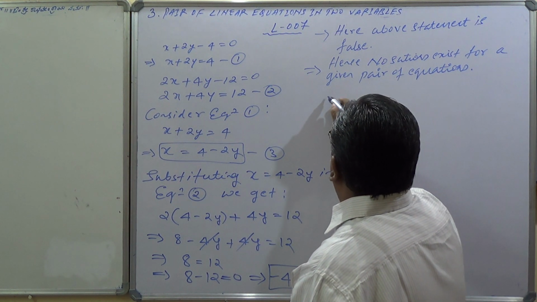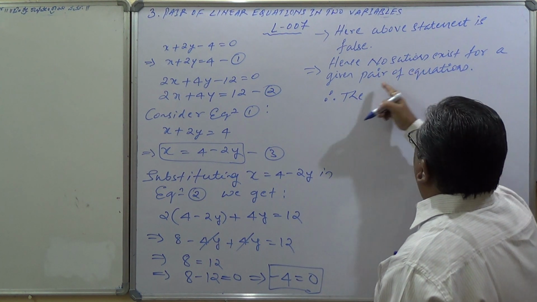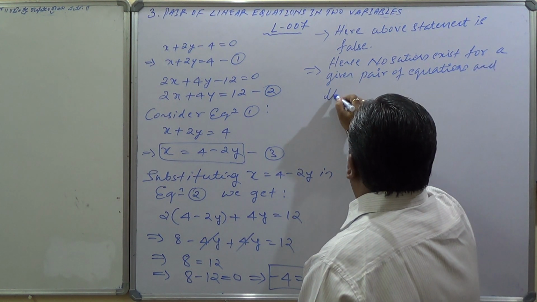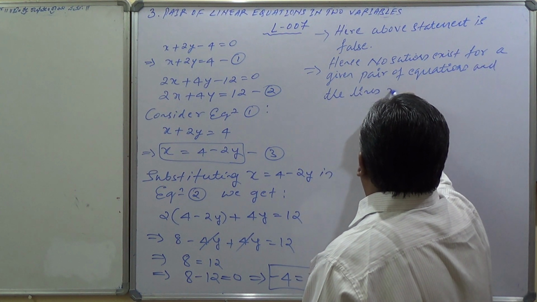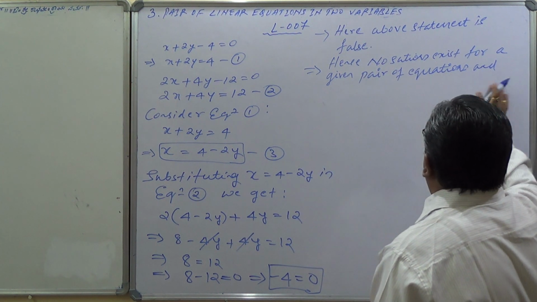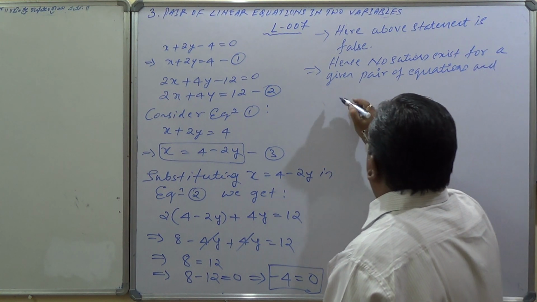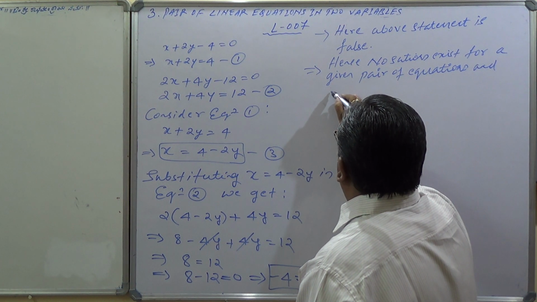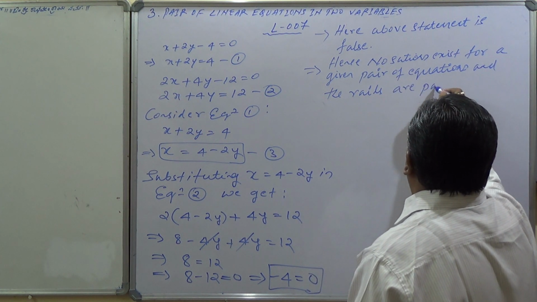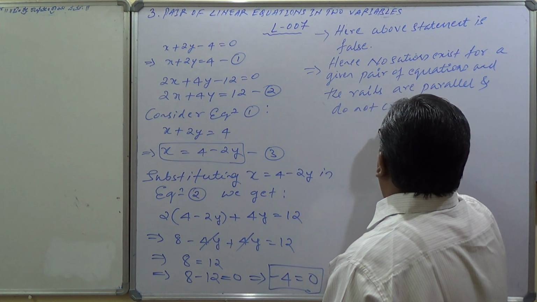Answer, final answer. Therefore, hence no solution exists for a given pair of equations, and the rails are parallel and do not cross.